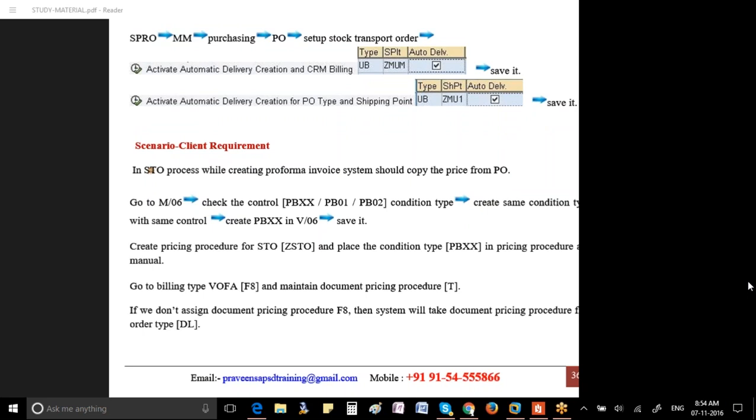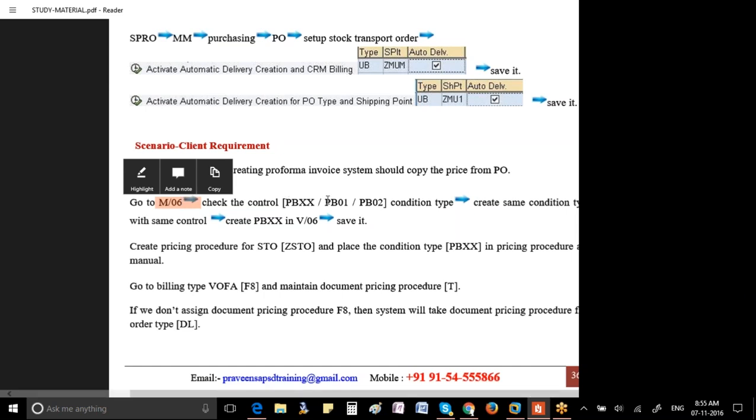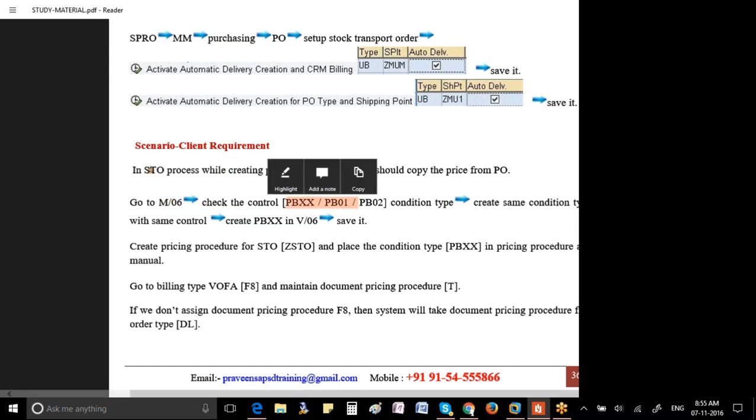V/06, right? V/06 is the T code we use to access pricing condition types. M/06 is the T code where you access pricing condition types for MM. Like we have PR00 in SD, PBXX, PB01, PB02 are the price condition types of MM.